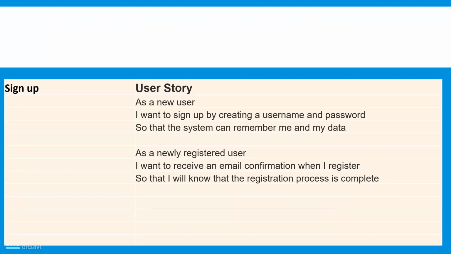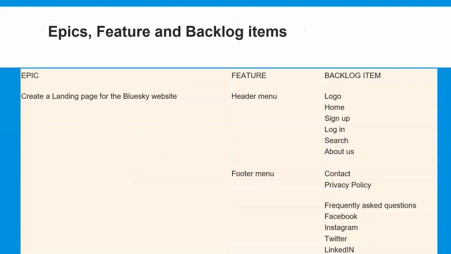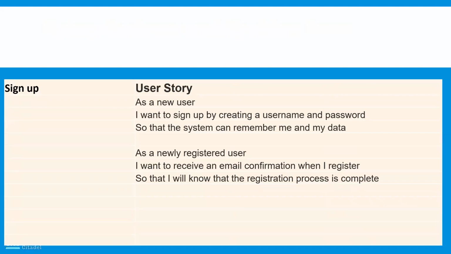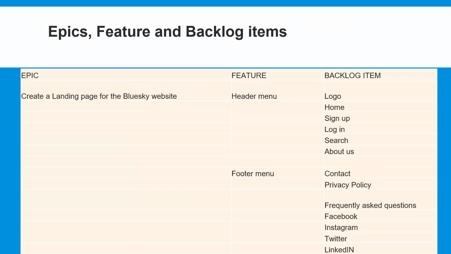Okay, this is just another story for sign up. This is also going into more detail with the user story. So for example, you see how we said, Epic: creating landing page for the Blue Sky website, and the feature was the header menu, and we broke it down. So one of the user stories is what? Sign up, right?